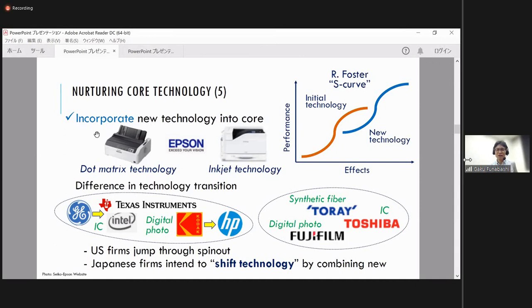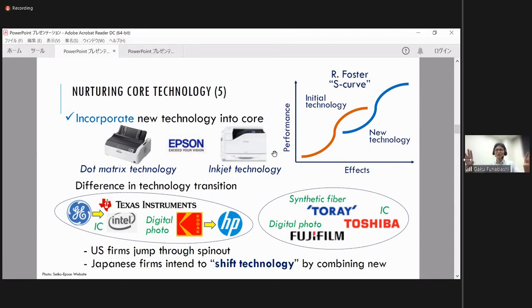So the transformation from this kind of printer to this kind of printer was not just a jump, but they gradually added new technology and developed. This kind of gradual change to new technologies doesn't happen often for American companies, but it happens often for Japanese companies. There is a big difference between American and Japanese companies.